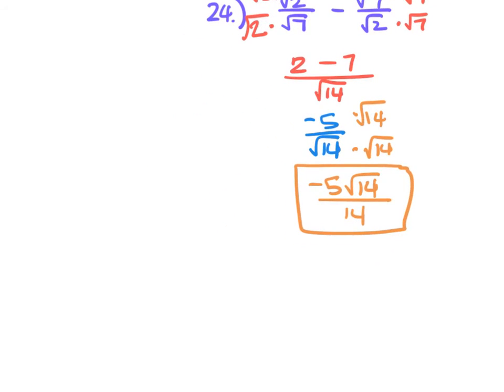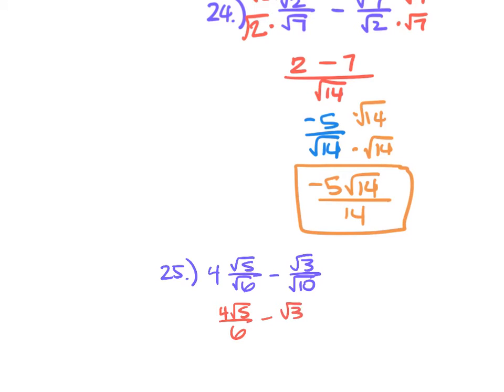For 25, we have 4 square root 5 over square root 6 minus the square root of 3 over the square root of 10. So here we can rewrite this as 4 square root 5 over 6 minus the square root of 3 over square root 10. Our least common denominator there is the square root of 30.